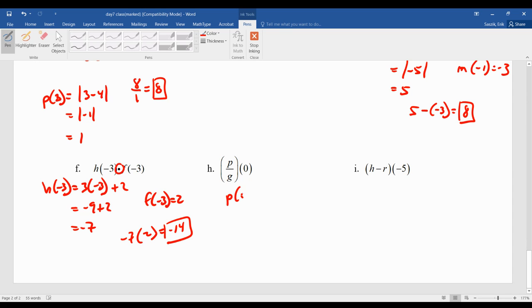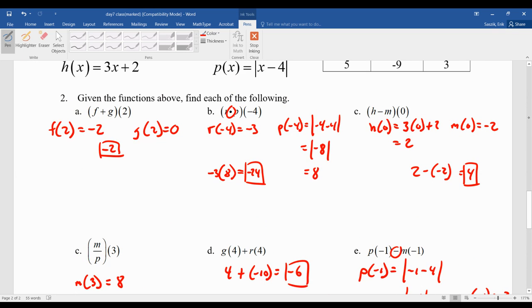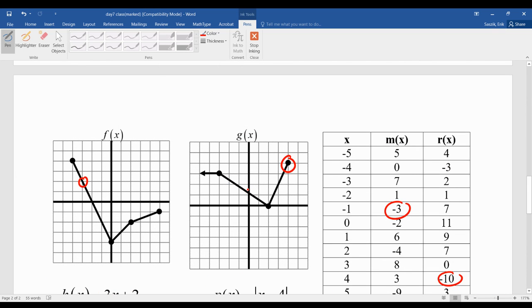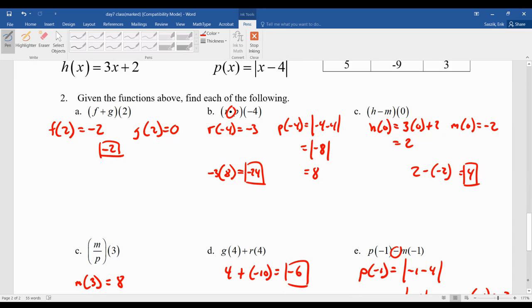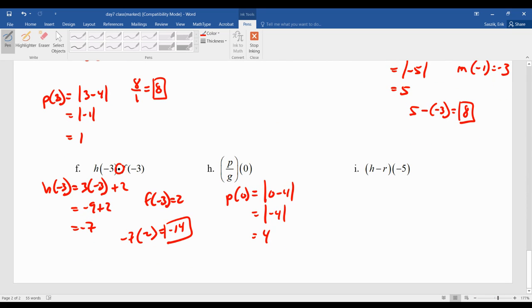Let's find P of 0 quickly. Absolute value of 0 minus 4. Absolute value of -4 is +4. Now G of 0, this is kind of a little bit weird. 0 means I don't go left or right. I go up. Looks like it's a little bit above 1, maybe I'm just estimating.